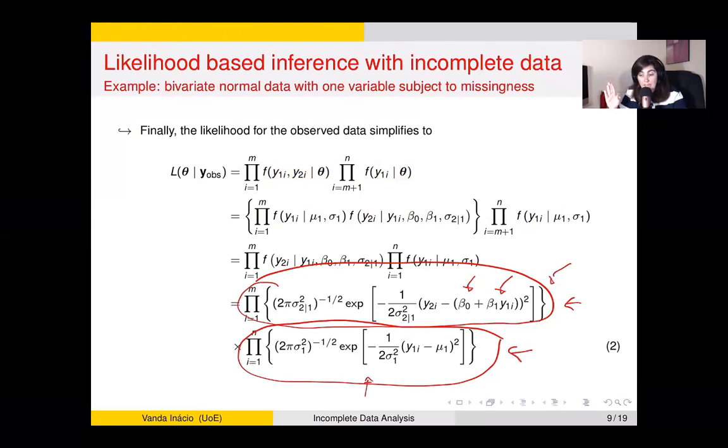Okay, so I can obtain estimates for beta 0, beta 1, sigma 2 given 1, mu1, and sigma 1. And then because they are in a one-to-one correspondence with my original set of parameters, I already have mu1 and sigma 1, but I can easily get estimates for mu2, for sigma 2, and for the covariance between y1 and y2.